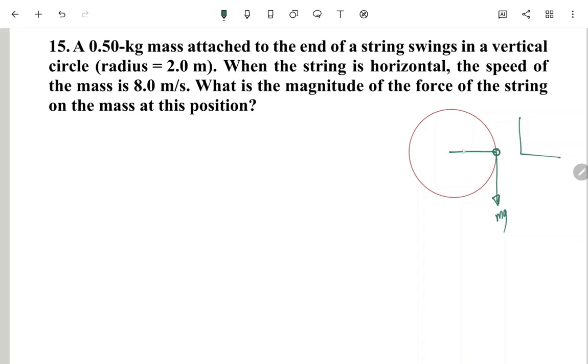So the only component for the central force is the x component. It's the tension in this case. So tension equal to mv square over r, or equal to 0.5 times v, in this case 8 square, it's 64, divided by 2, in other words it's 16 newtons.